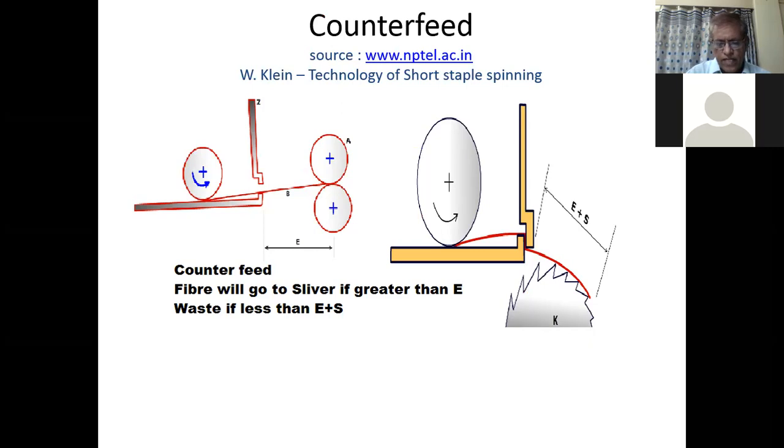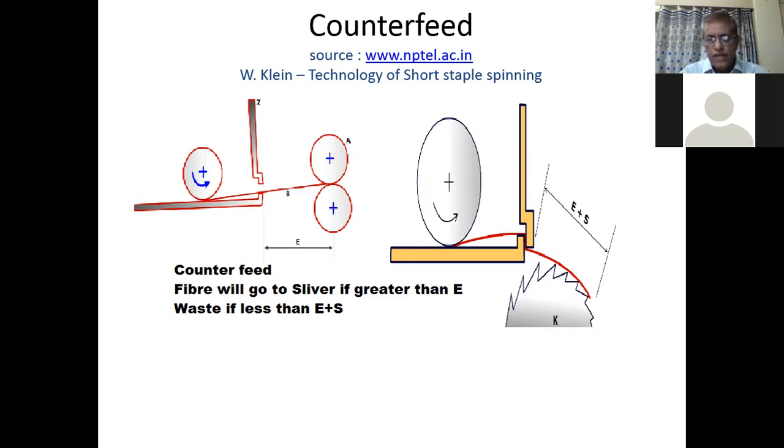So the fringe projecting is not E. Now it is E plus S because the feeding of the material has taken place in the backward journey of the nippers. Fiber will go to the noil if it is less than E plus S. So in counter feed, fiber will go to sliver if it is greater than E, and it will go to noil or waste if it is less than E plus S.